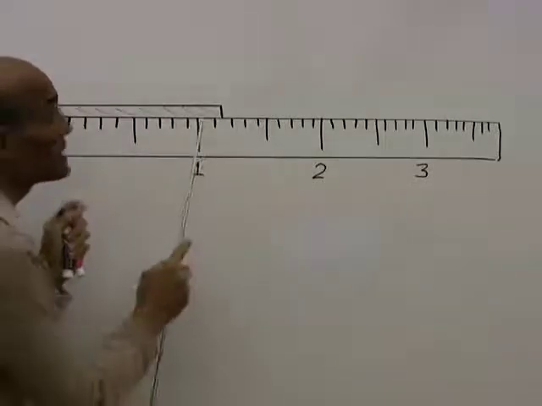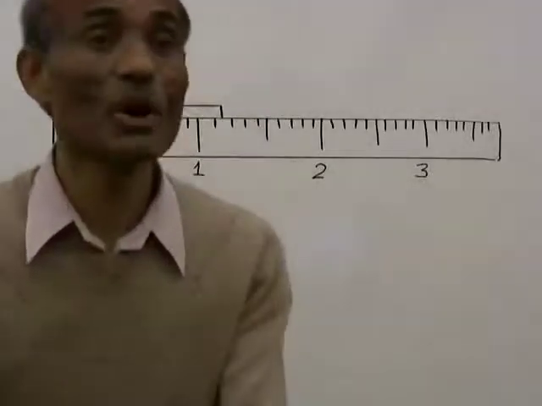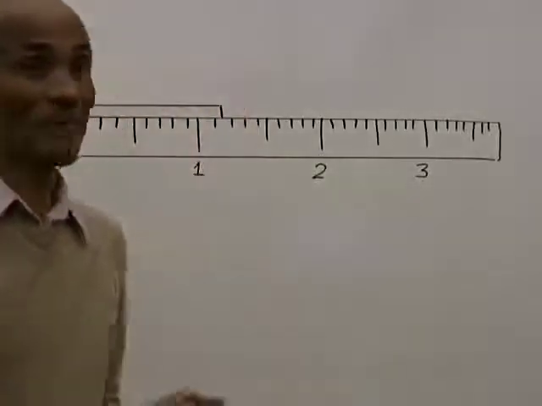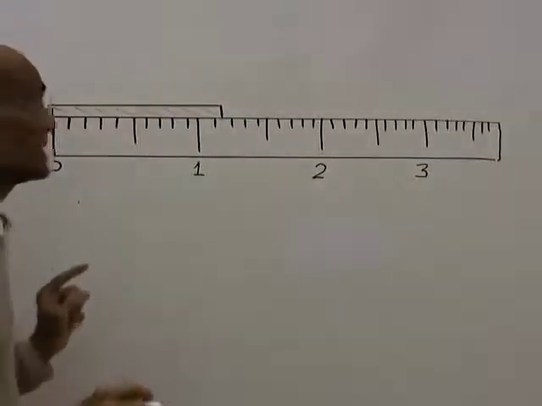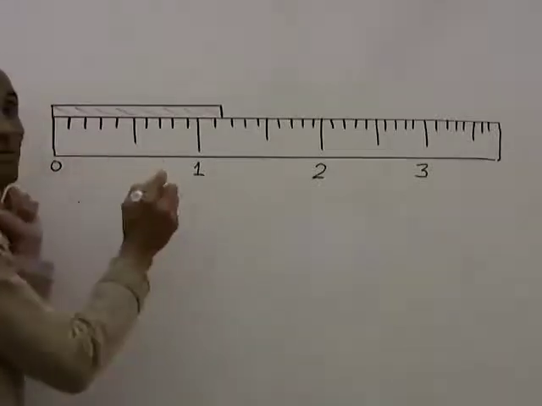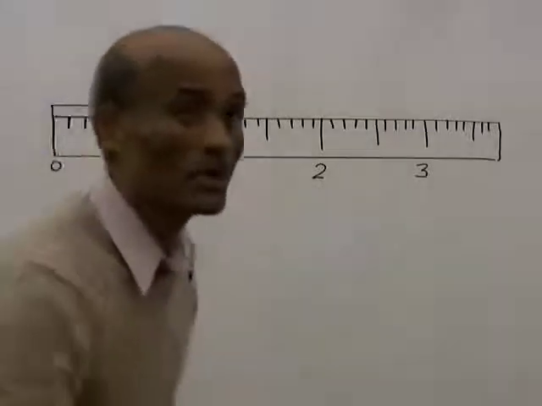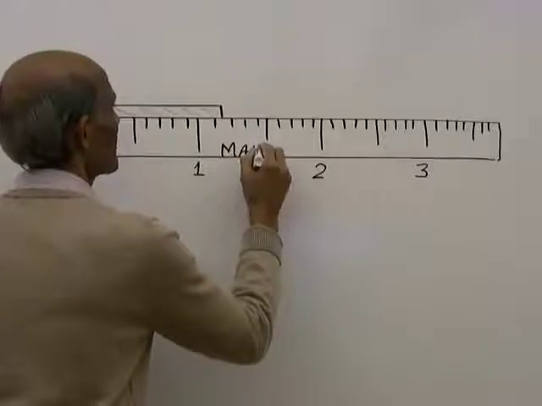In order to measure such a small length, we use a scale known as a vernier scale. Now, to construct a vernier scale, this scale is going to be called the main scale. So let me write down, this is my main scale.